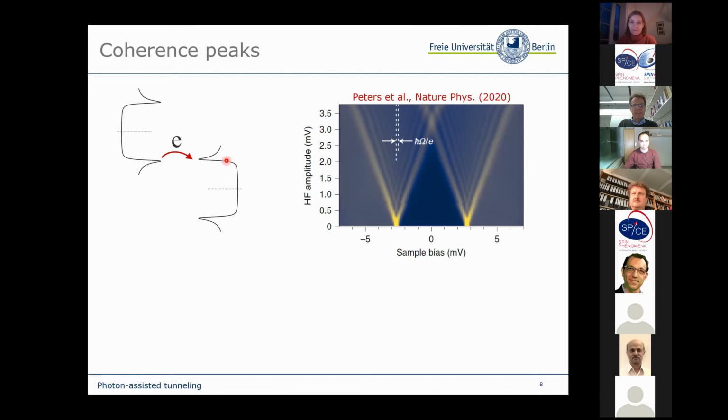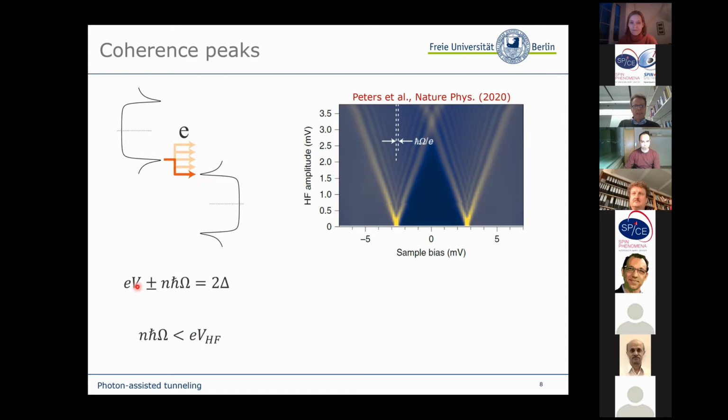So the single electron tunneling, these coherence peaks occur because single electrons are tunneling between the occupied BCS peak of the tip, say, and the empty BCS peak of the substrate. And now, once one applies the microwave radiation, then the tunneling electron can also absorb or emit a certain number of photons, and this leads to current even when the two coherence peaks are not aligned but are displaced by a certain number of photon energies.